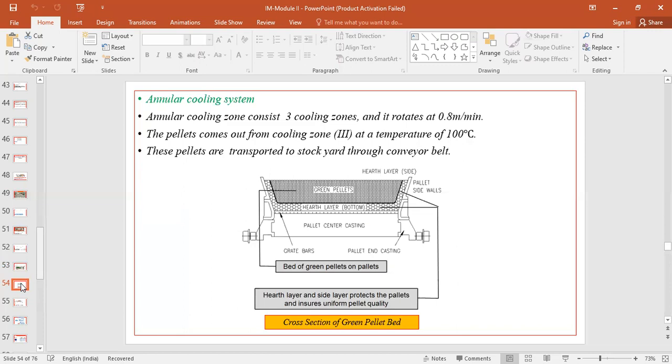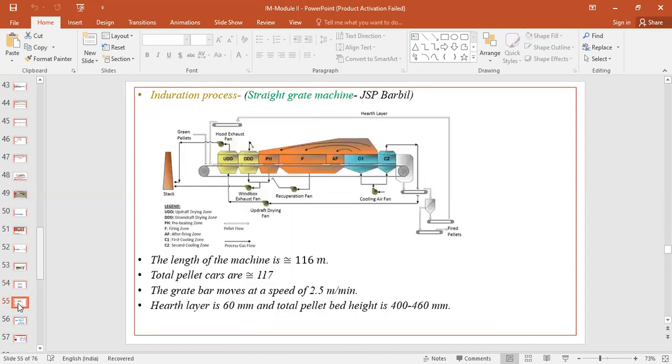The pellets which come out from cooling zone 3 will have the lowest temperature. There is a final cooling zone, having a temperature of approximately 100 degrees centigrade, and these pellets are transported to the stockyard through the conveyor belt. So this is all about the Grate-kiln technology.